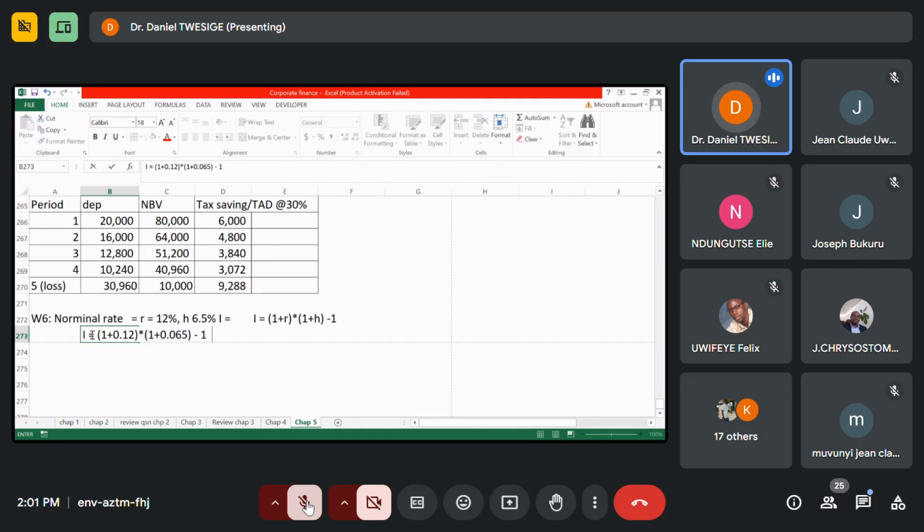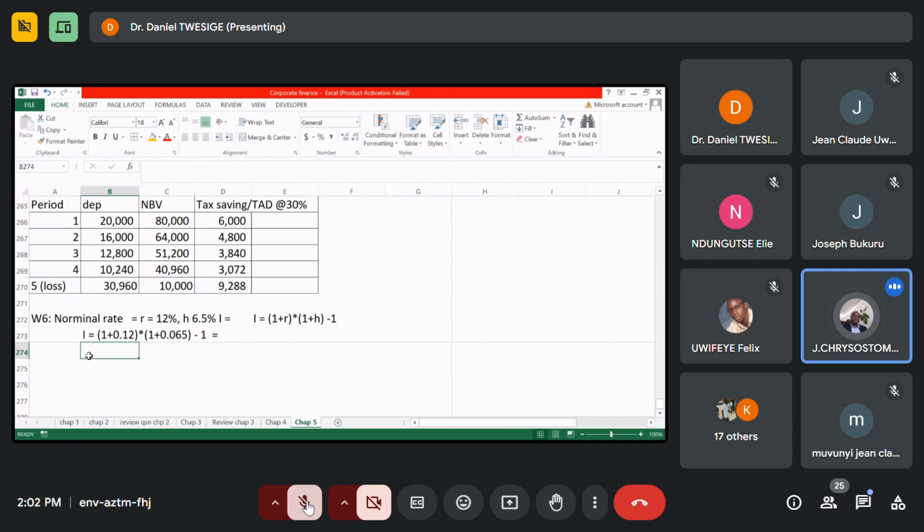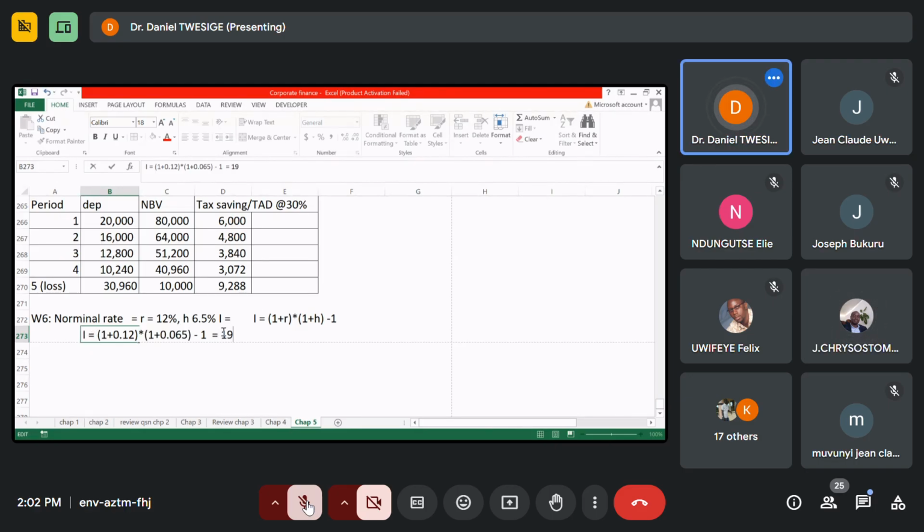So our I is equal to what? It is 19.28%, or you can use 19.3%. Okay, that is our I.